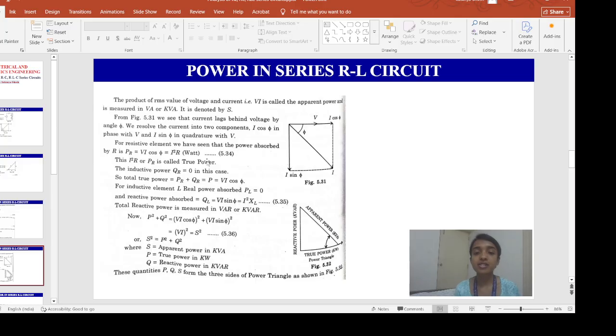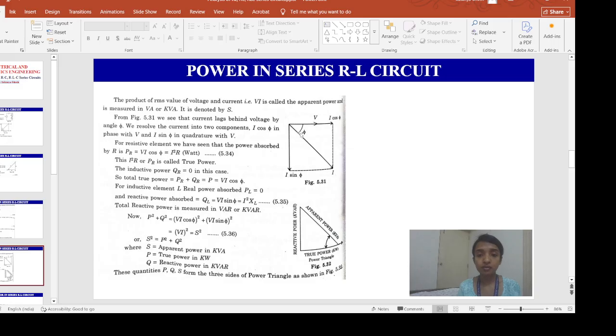Now see here, previously we have seen the voltage triangle and the impedance triangle, right? Since it is a series RL circuit, in a series RL circuit the voltage is leading the current by an angle phi.